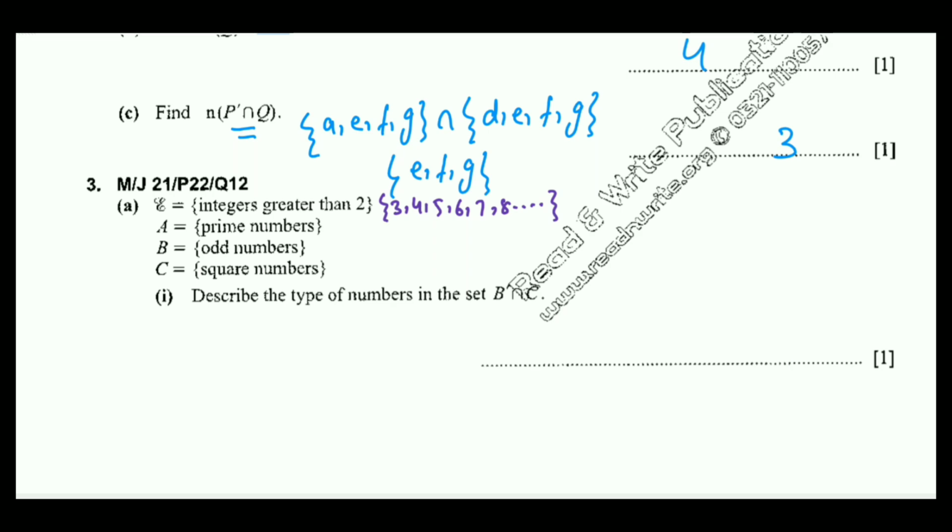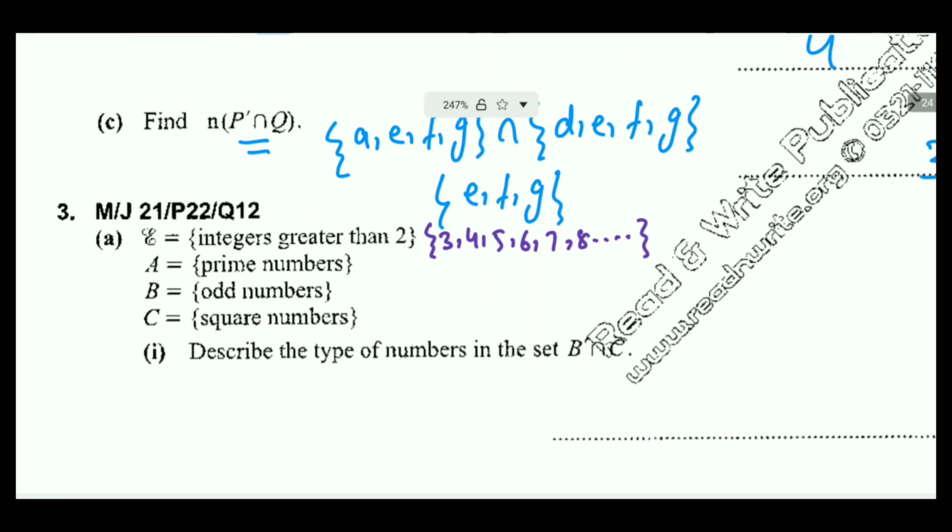What about prime numbers? Prime numbers from the universal set. If a universal set is given in the question, it means the whole question will depend on that universal set. So we will take the numbers from that universal set. Let's suppose we have to find A is equal to prime numbers.